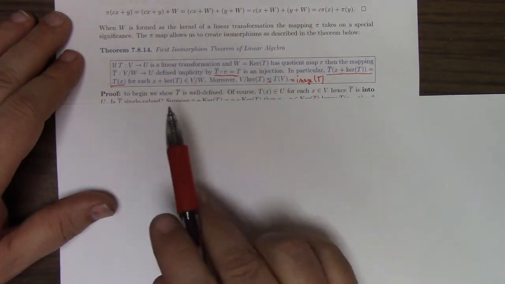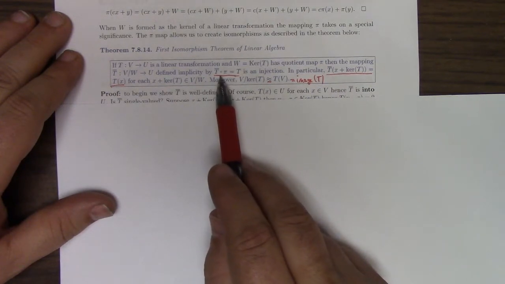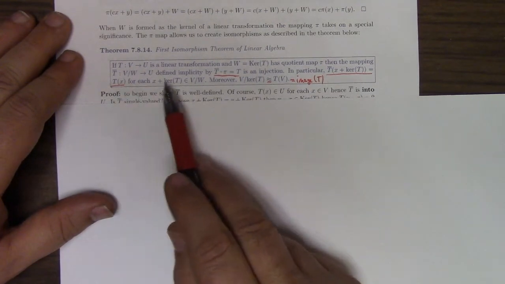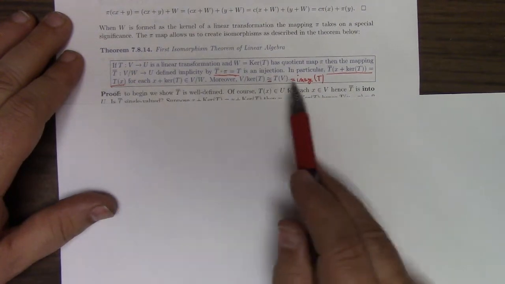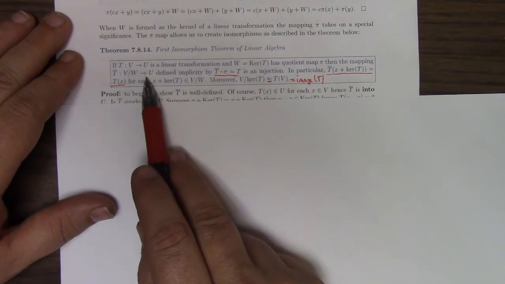Here's the formula, the definition for T bar: T bar of x plus kernel is T of x, right? So certainly T of x is in U, which means that T bar defined by this formula is definitely taking U as its codomain.